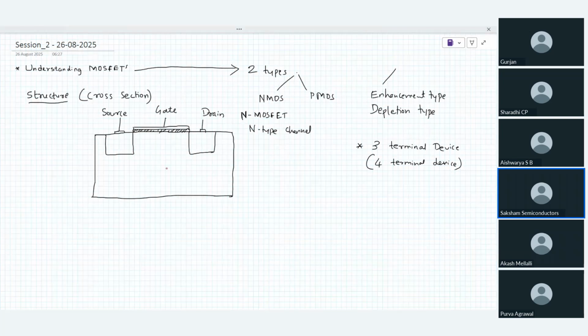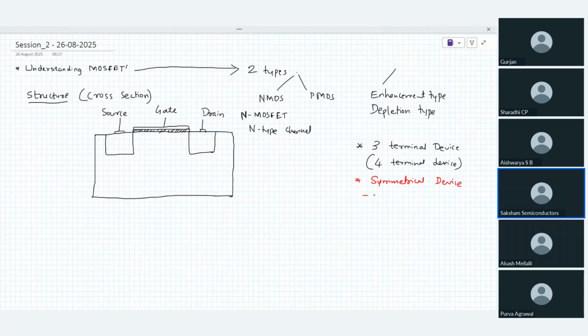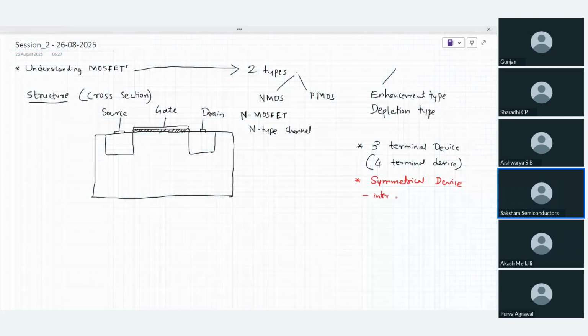MOSFET is basically a symmetrical device. Symmetrical device means I can interchange source and drain.